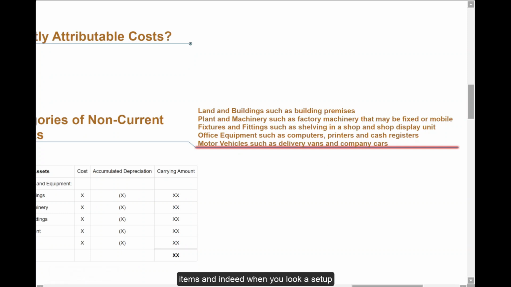And indeed, when you look at a set of accounts, you'll see that more often than not, the big numbers are in the NCA area, in other words, the non-current asset area. Not exclusively, but certainly a large proportion of most businesses' asset base will be housed under non-current. Remember, non-current means in use, some sort of economic benefit after a 12-month period.